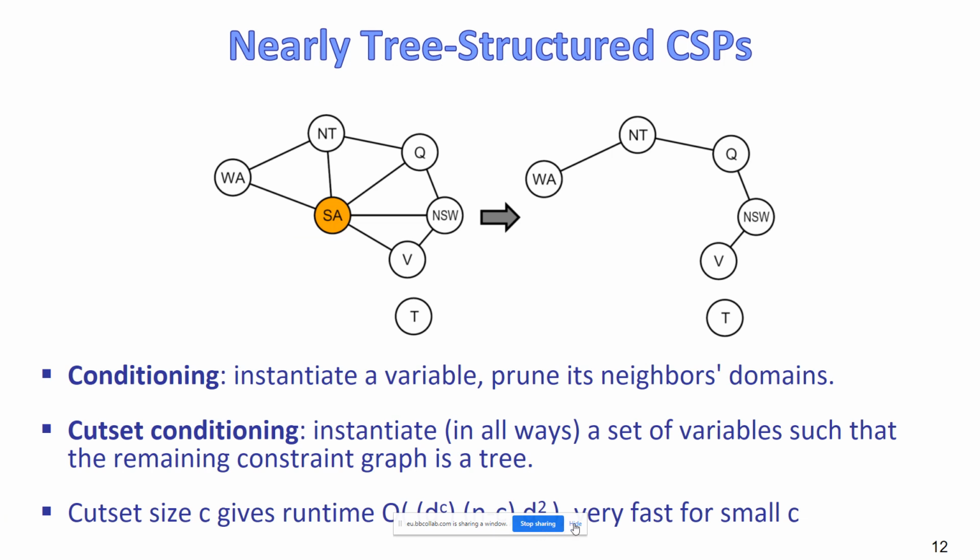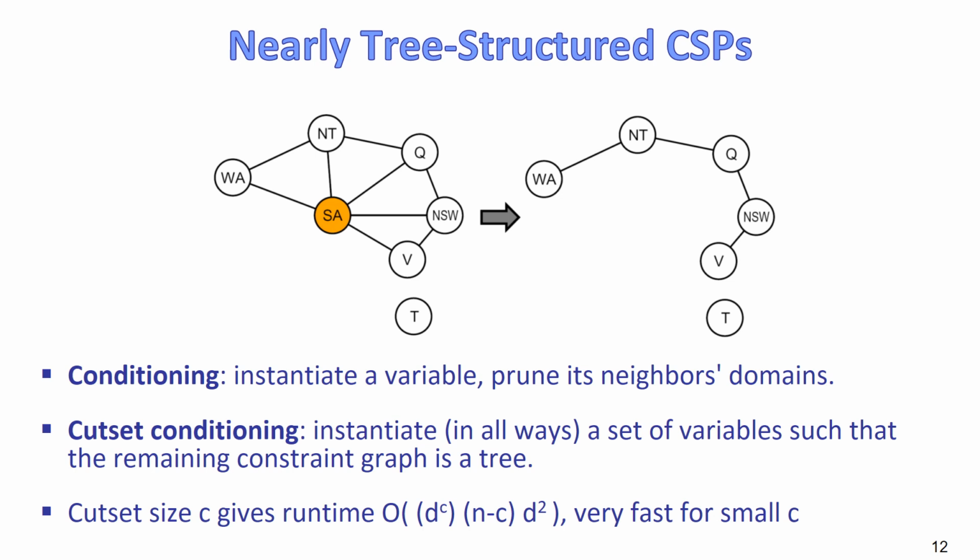The runtime of this is the following. For the Cutset itself, we might, in the worst case, try all possible values for the Cutset. We assume that we have c variables for the Cutset, so trying all possible values will take d to the power c, because d for each one.